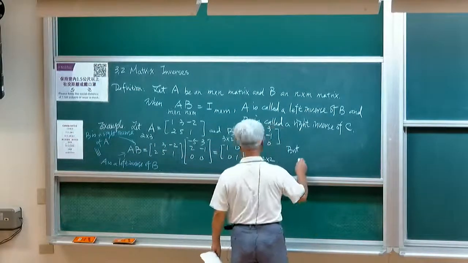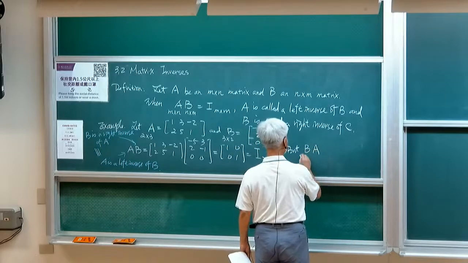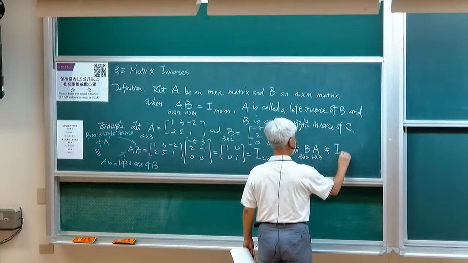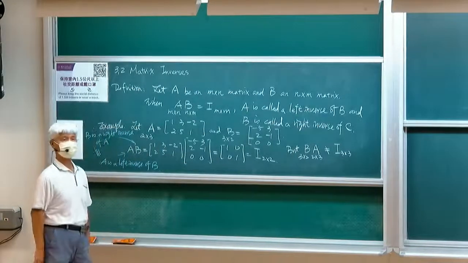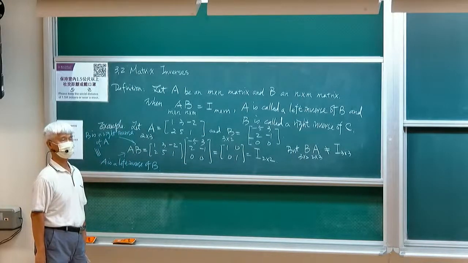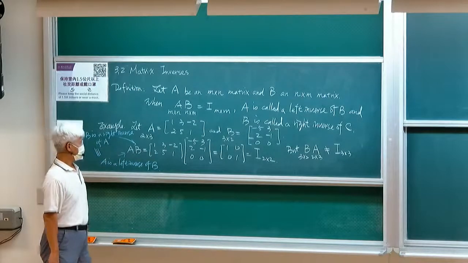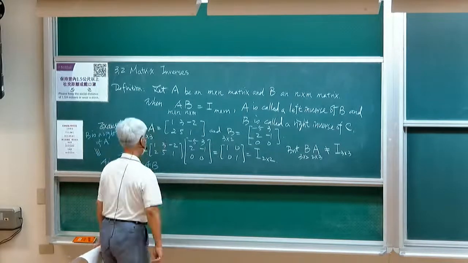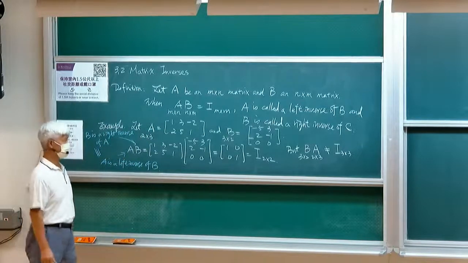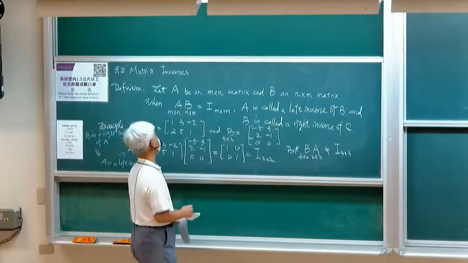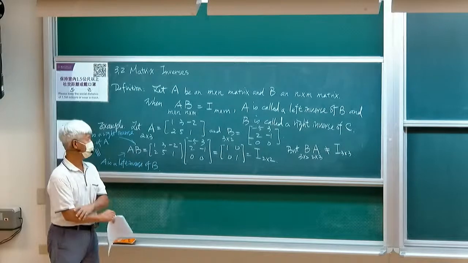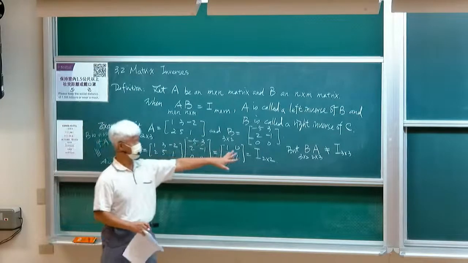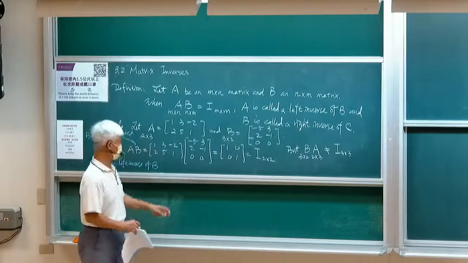But if you do it the other way, you find that this is not equal to the 3 by 3 identity matrix. You find this is not true. And you will see actually that for a rectangular matrix which is not square, you can't have both of them true.